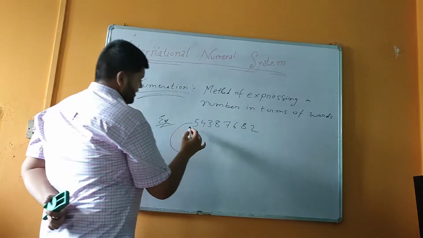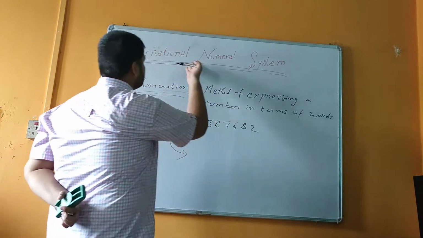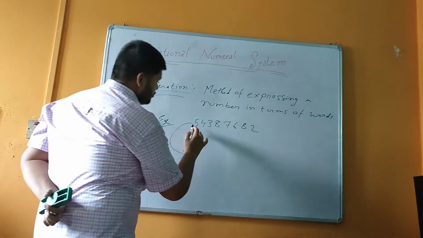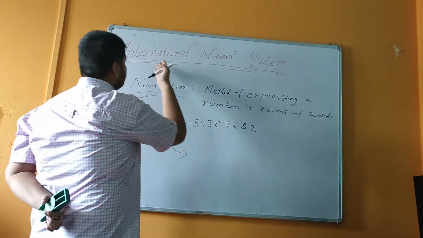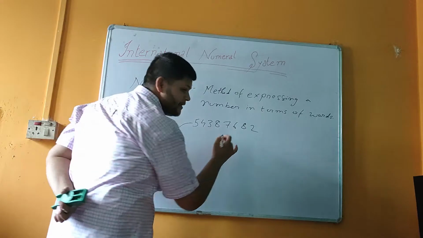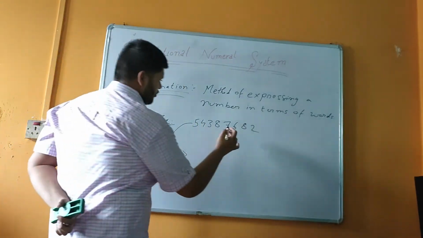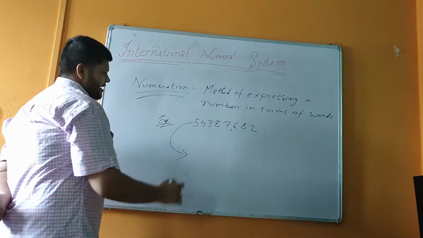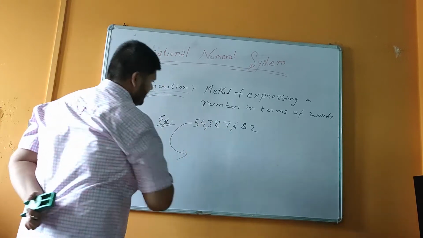For this number, first of all we need to tell whether it belongs to the international number system or not. This is actually Hindu-Arabic numerals. But how can we say this is the international numeral system? This can be said only by the separation of the digits with the help of commas. The first three digits are separated by a comma, and again the next three digits are separated by a comma.